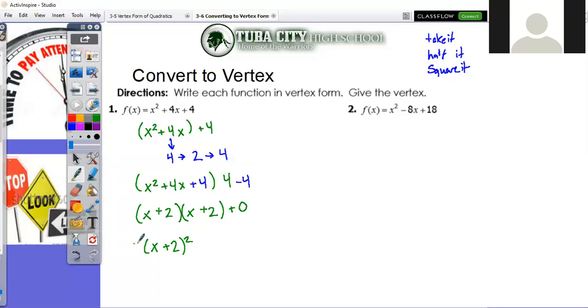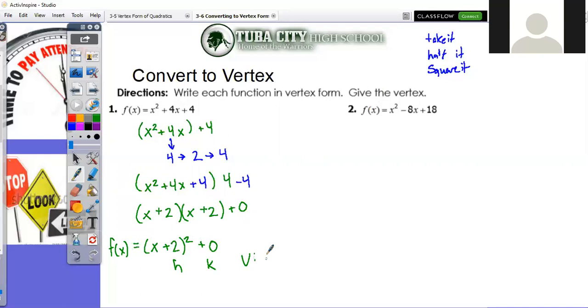And I can also put this into vertex form. So I could put it as y, or in this case we have f of x. So f of x equals this. And again, just think of the last lesson we did. If there's nothing there, it would be 0. Then the directions say to give the vertex. So in this case, remember, you use your h and k values.